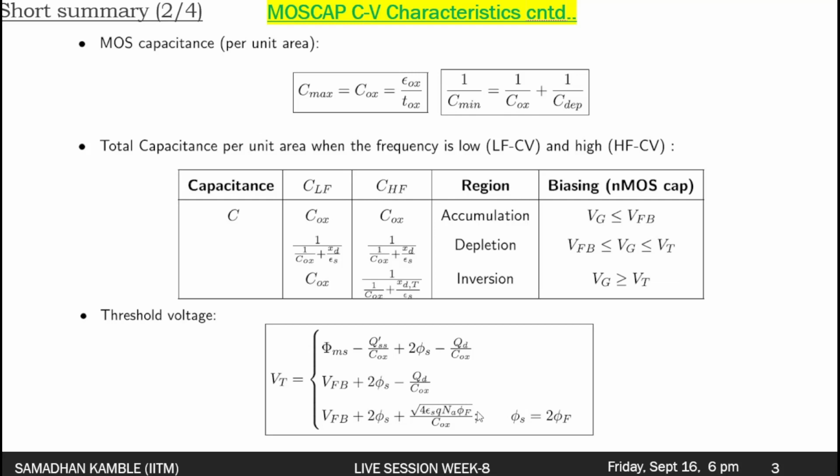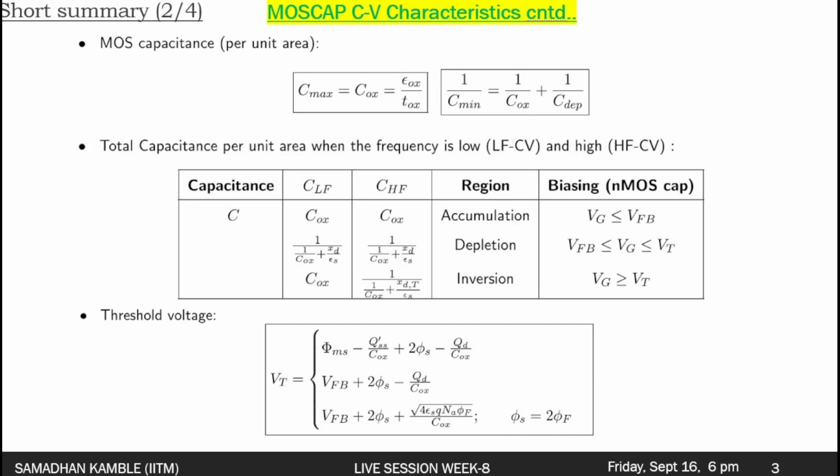So phi f can be calculated using the carrier density and the intrinsic carrier concentration. So phi s is 2 phi f for the inversion case.